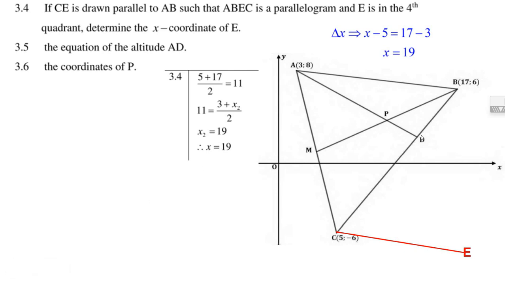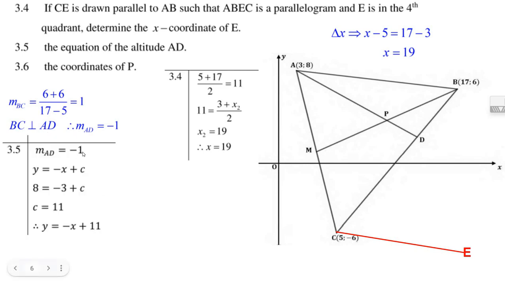Let's try the equation of this altitude here. Well, in the memo, they just say, oh, AD has got a gradient of -1, but I can't do it unless I figure out the gradient of BC. And that's 12 over 12, or 6 plus 6 over 17 minus 5. Now we know this altitude is at 90 degrees, so it is perpendicular to BC.